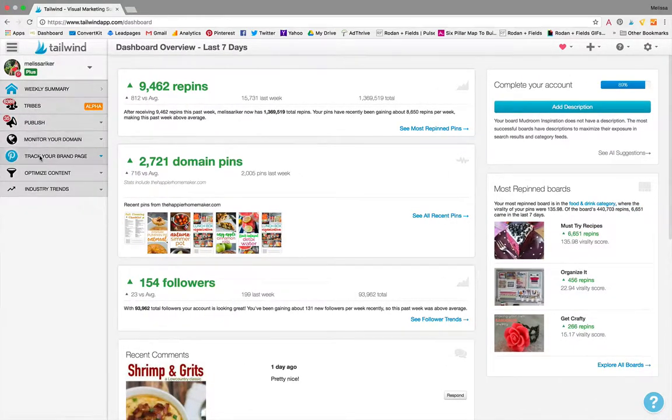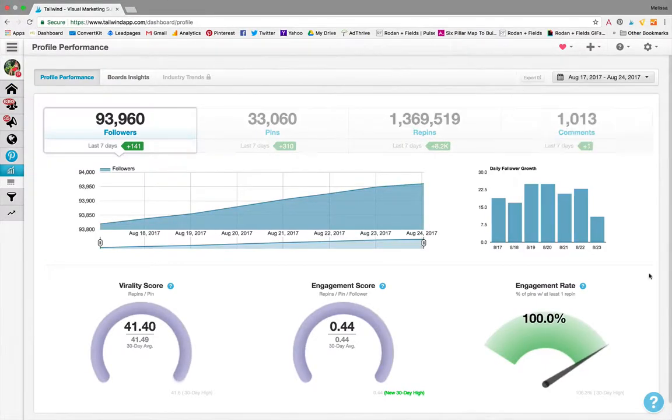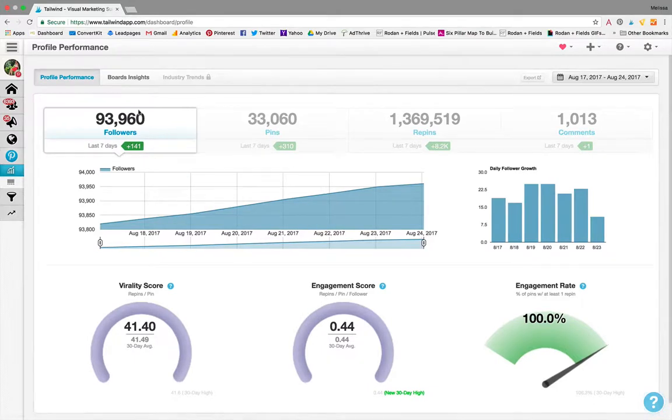I'm going to come down here and show you the second thing I like to check, and that's this engagement rate down here. Now, this is my profile performance page. So I'm over here under Track Your Brand page and Profile Performance. And this tells me my followers, again, green trending upward, my pins trending upward, repins trending upward, comments upward by 1.